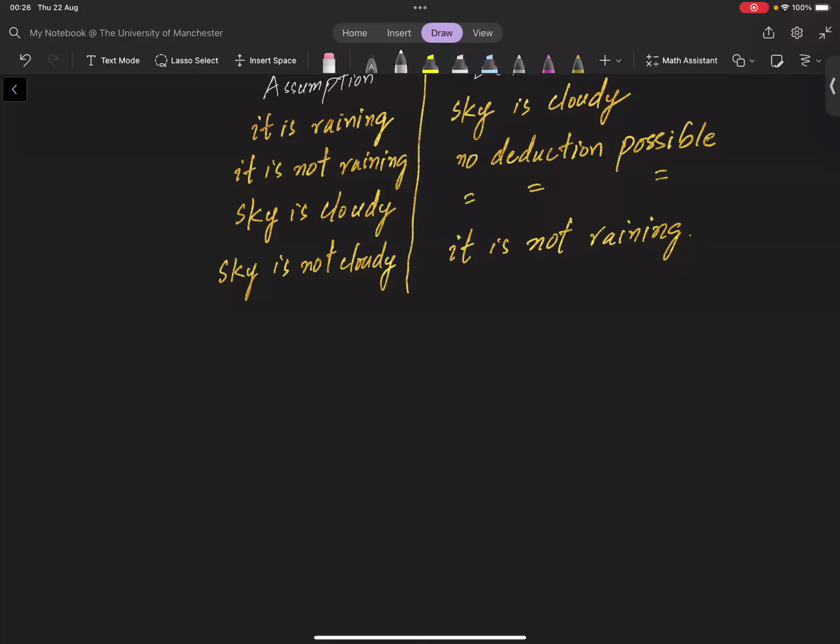Suppose we are given the following three facts.